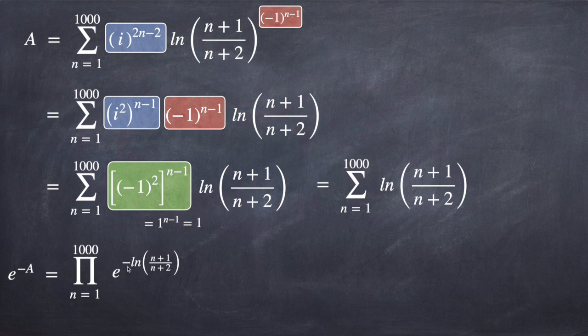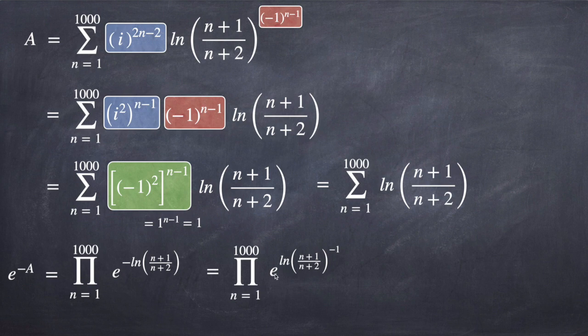Okay, so now, this factor minus 1 multiplying the logarithm, we can rewrite that as the exponential of the logarithm, and this argument of the logarithm has this exponent, which is minus 1. And we know that this results in 1 over this argument here. In other words, we will have here the logarithm of n plus 2 over n plus 1.